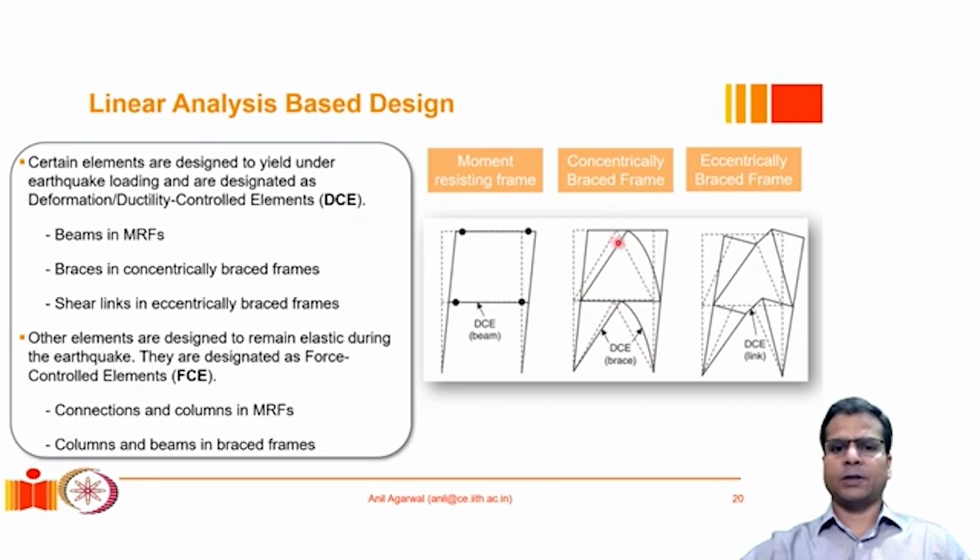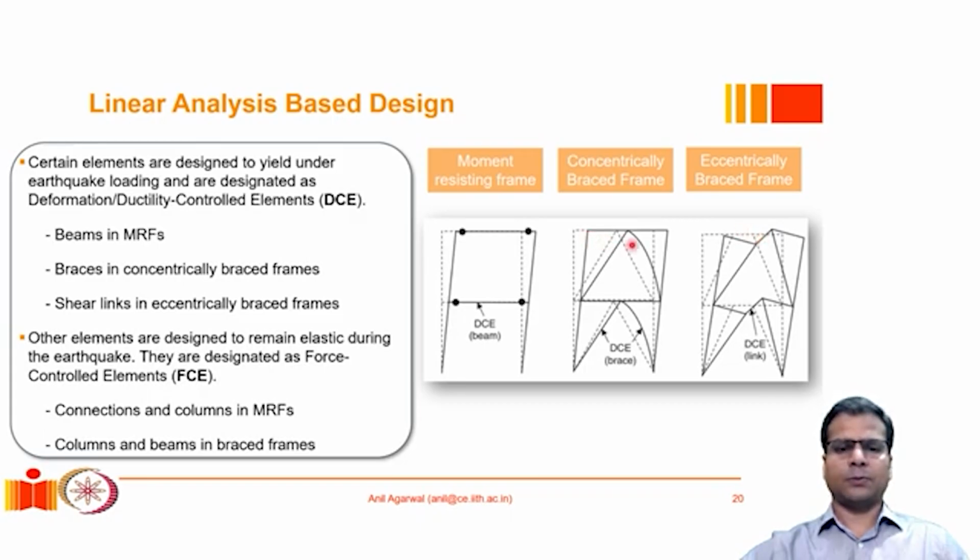So braces are expected to plasticize and absorb that energy. Okay. In an eccentrically braced frame, the braces and the beams and the column are supposed to remain linear. They are not supposed to plasticize. It is the shear link, the portion of the beam which is loaded eccentrically, that is expected to plasticize and absorb, or dissipate, most of the energy that is coming into the system.